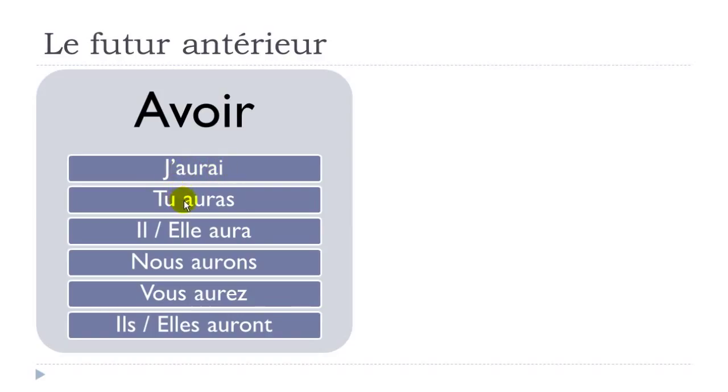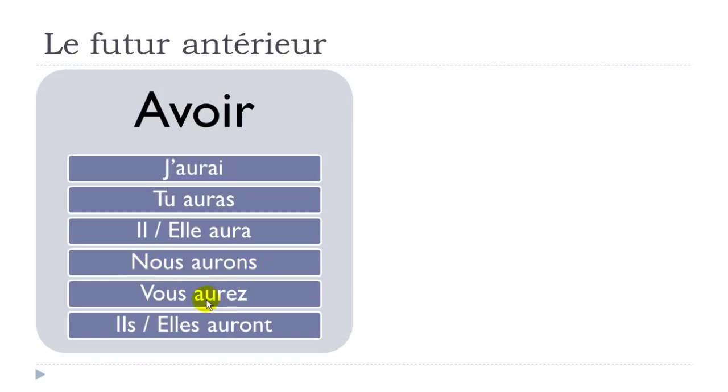Alright, then tu auras, final S not pronounced, aura. Il aura, elle aura, okay. Nous aurons, final S not pronounced, O and N together, nasal, on, A-U-R-O-N, auront, alright. And then if you want to make this beautiful link, the little liaison between the two, it would be perfect.